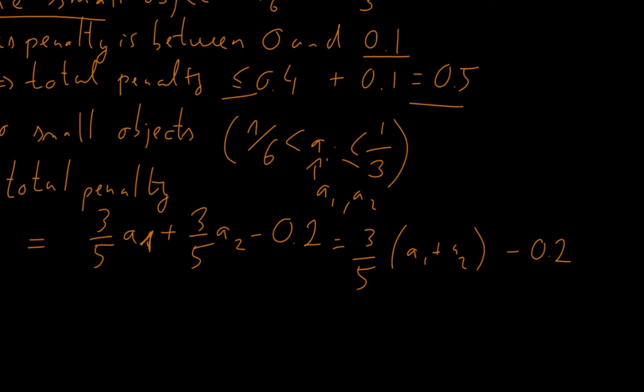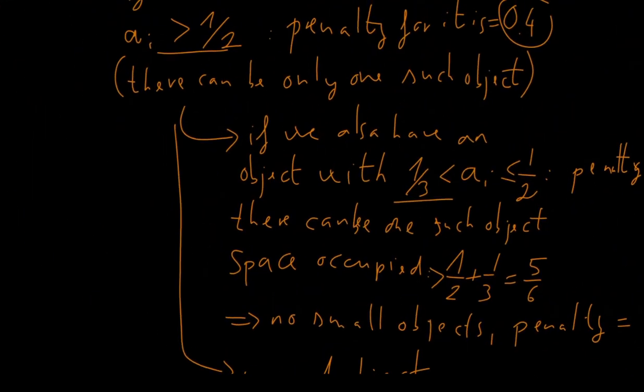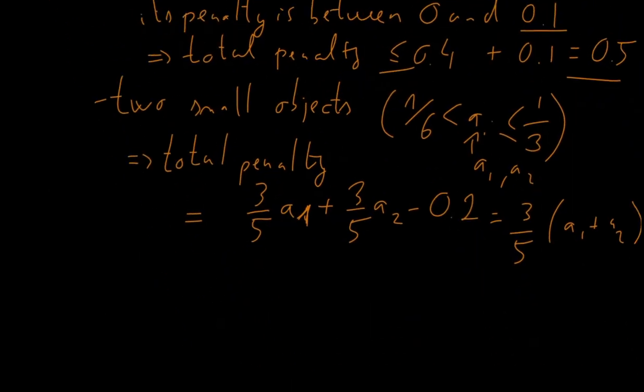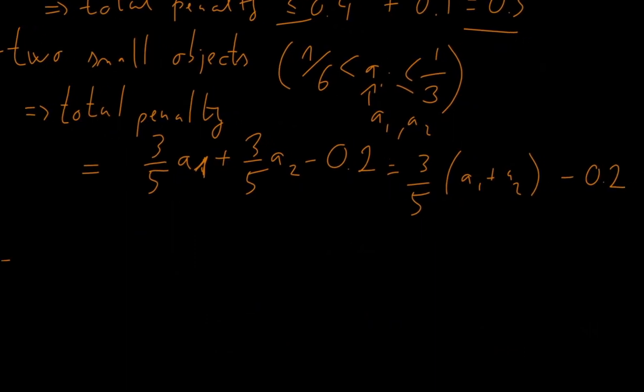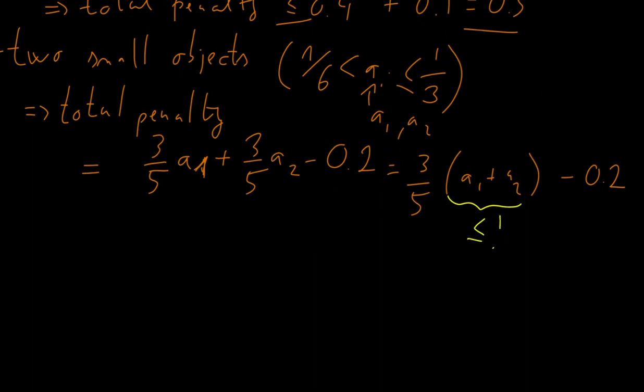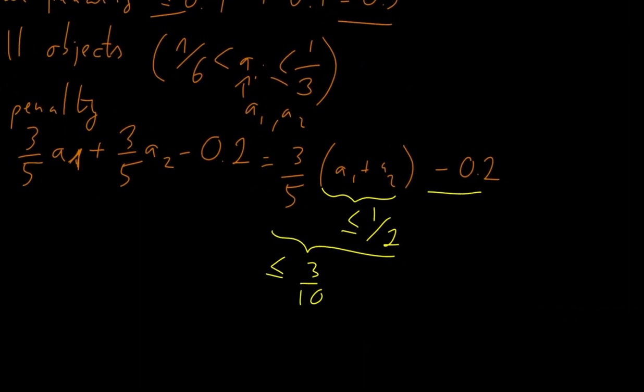Now remember, in this case we have a large object which is already occupying 1/2 of the container. So A1 plus A2 is at most 1/2, actually smaller than 1/2, which means that this is at most 3 over 5 times 1/2, so that's 3 over 10 minus 0.2, which is at most 1 over 10.